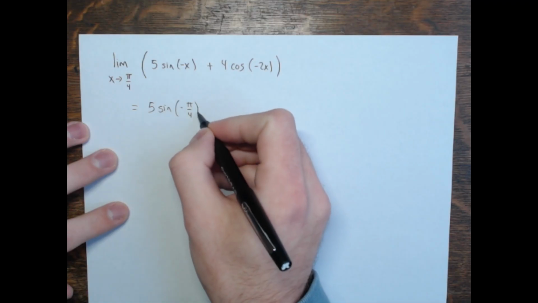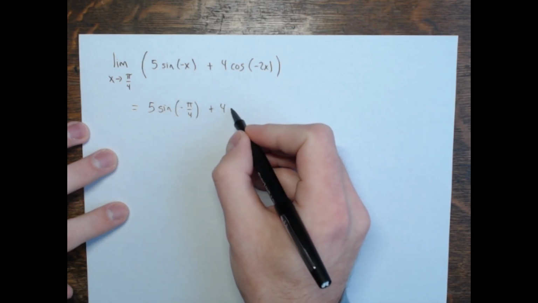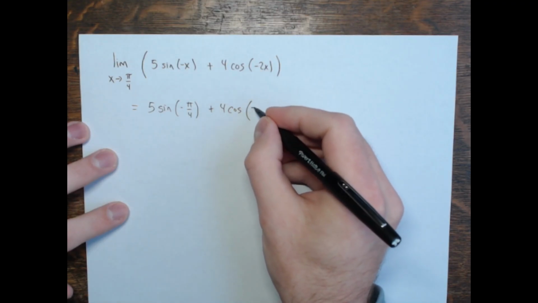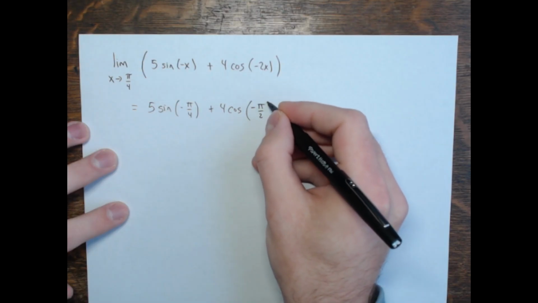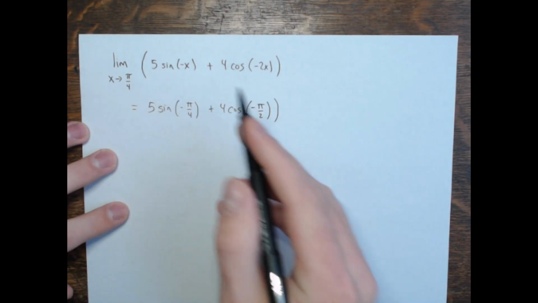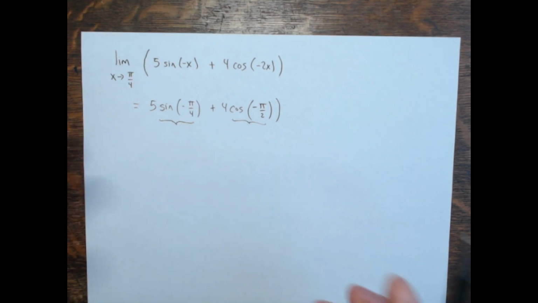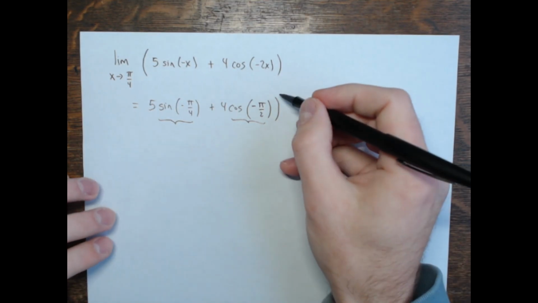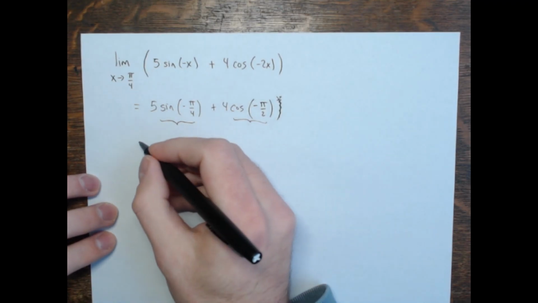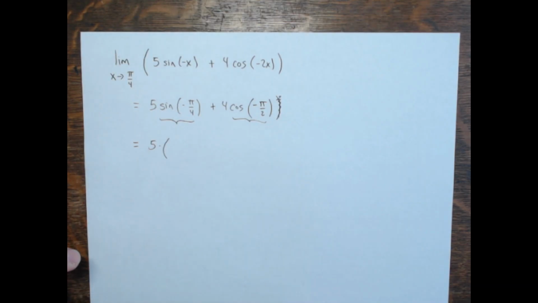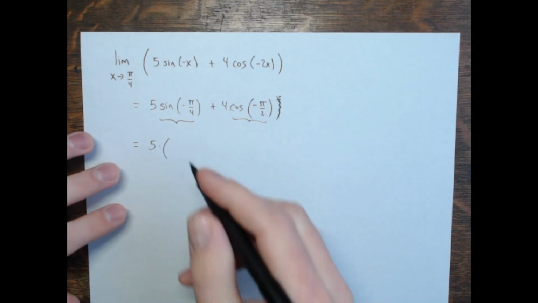So there's 5 times the sine of negative pi over 4 plus 4 times the cosine. Now negative 2 times pi over 4 would be negative pi over 2. And then these are just things you should remember. If you want to write your unit circle out every time, you can. But this would be 5 times the sine of negative pi over 4. Remember, that's the opposite of the sine of pi over 4, which is square root of 2 over 2.